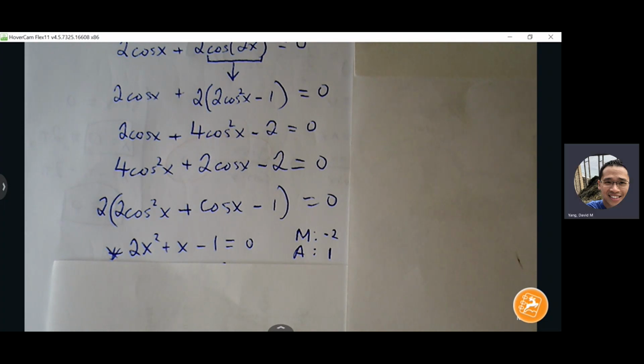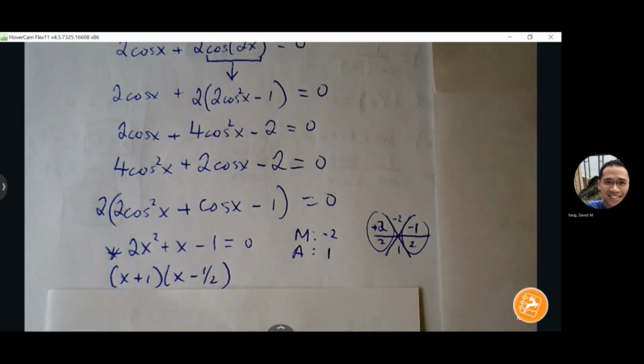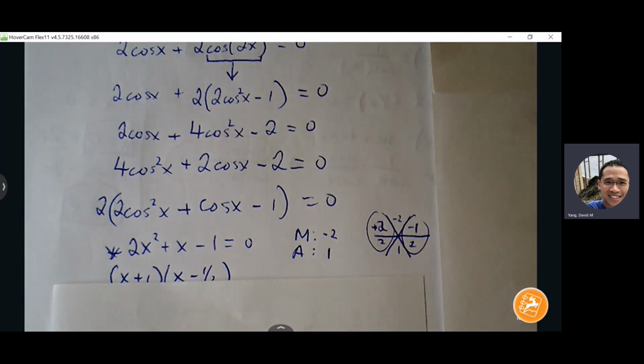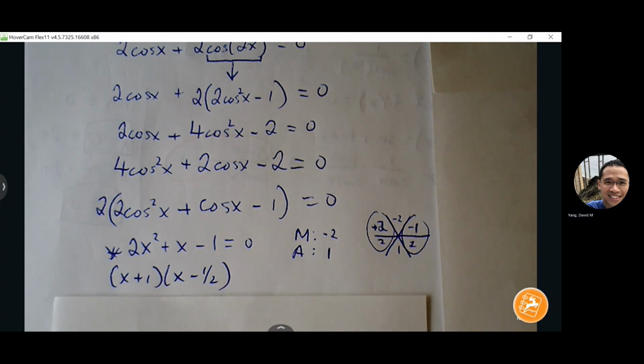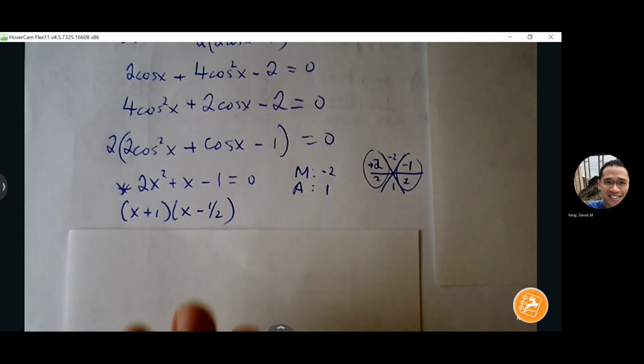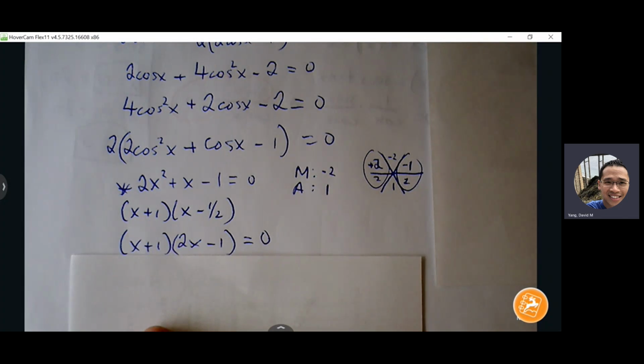Positive 2, negative 1. 2 and -1. Okay. So that's my star method there. 2 is in the denominator, 2 and -1. Fraction ends up being 1 and -1/2. Bring the denominator 2 to the front.